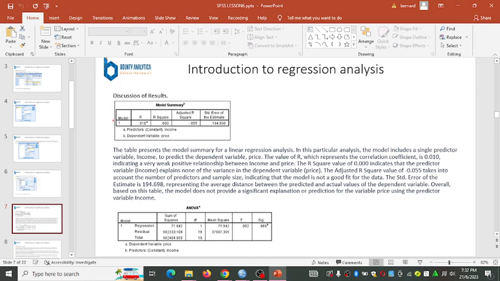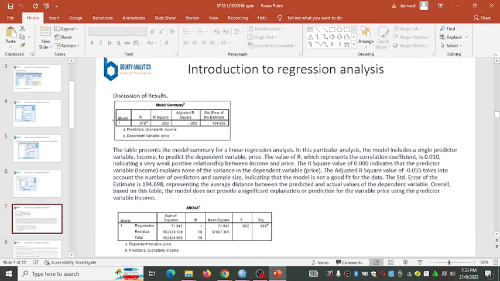So by this R squared, it means even if you draw a line of best fit, it will not pass through those points.